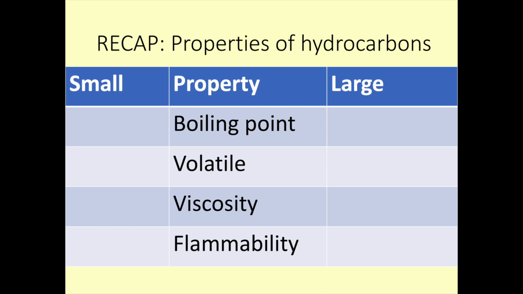Viscosity, our small hydrocarbons have a low viscosity, it's easy for it to flow, whereas our large hydrocarbons have a high viscosity, it's much more difficult for it to flow. Flammability, our small hydrocarbons are much more flammable, whereas our large hydrocarbons have a much lower flammability.